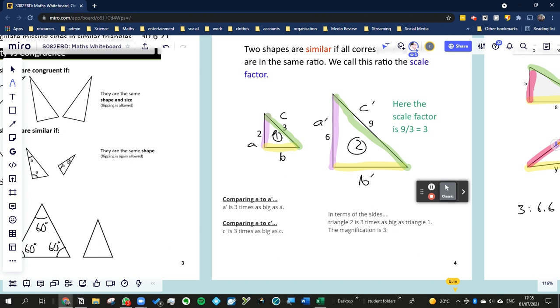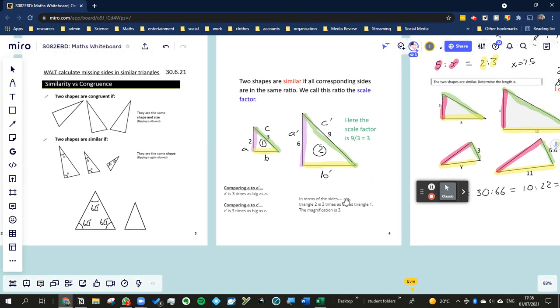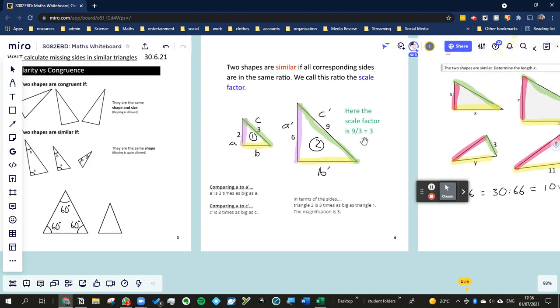And what happens then, if they're similar, is if I were to triple this left-hand side, this one that I've coloured in pink, then all the other sides would also triple if it's a similar triangle. So this side was 3, now it becomes 9. So we can say you've got a scale factor of 3, or magnification of 3.